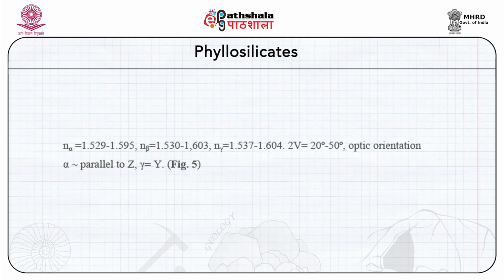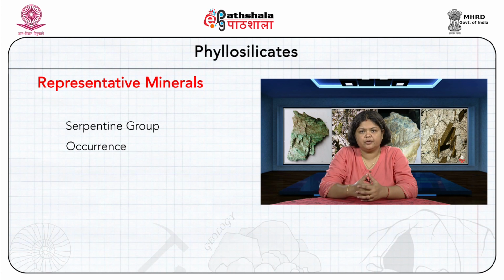We have the n alpha varying between 1.529 to 1.595, n beta varying from 1.530 to 1.603 and n gamma is equal to 1.537 to 1.604. We have the 2V angle varying between 20 to 50 degrees. Optic orientation, alpha is parallel to Z, gamma is equal to Y.